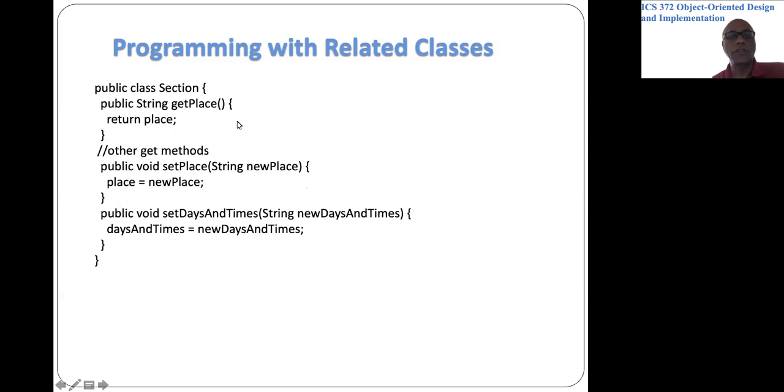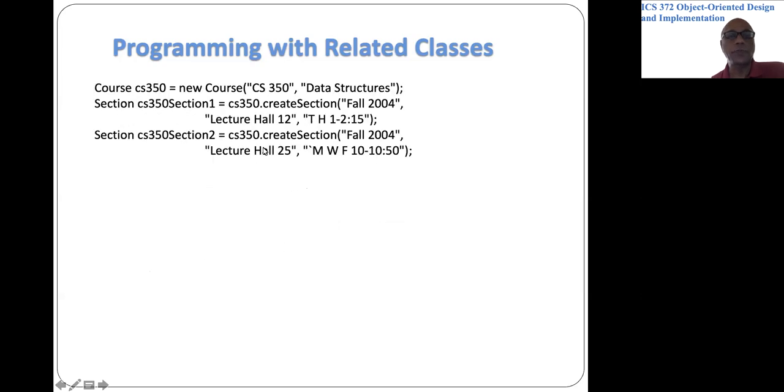And you could have these additional methods. So this is how we would be creating a course and a section for that course. CS350 is a course object. The name is data structures, and we create a section of it using the course object. We will get to this in a second.